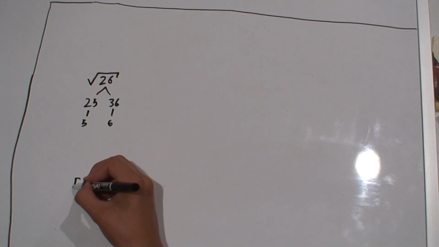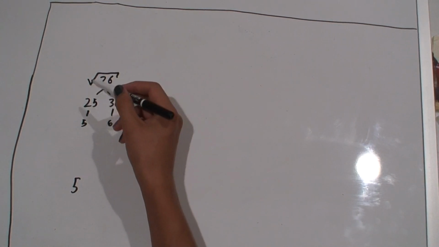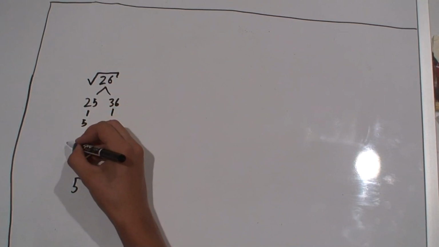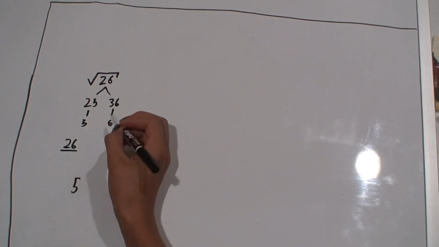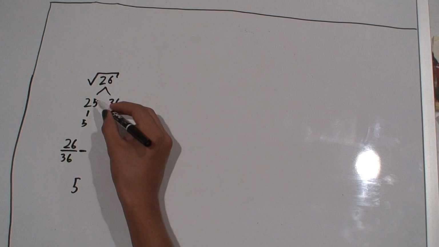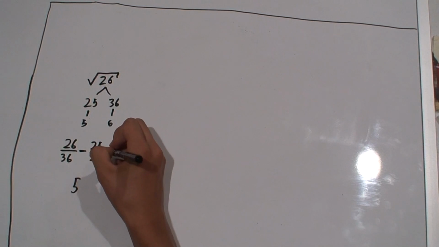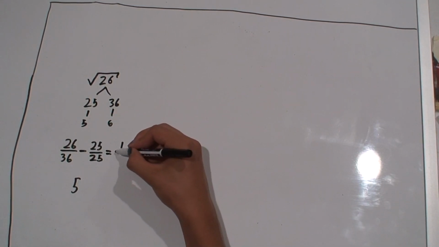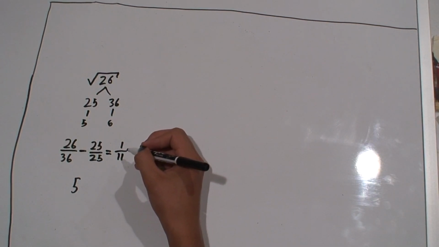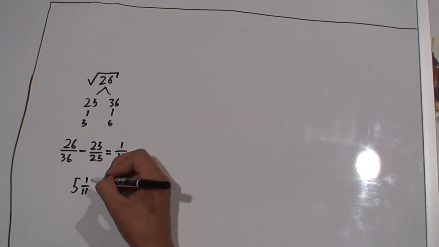So you take the 5, and that gets put into your final answer. Now with this, you would take the regular square root that you started out with, divided by the higher, subtracted by the lower over the lower. In this case, we would get 1 over 11. So then we would take this number, bring it down here, 5 and 1 over 11.